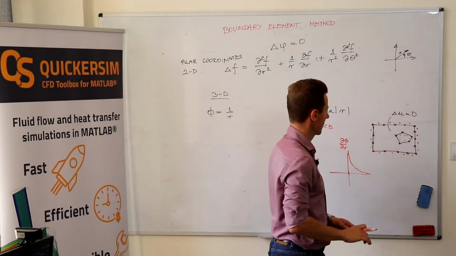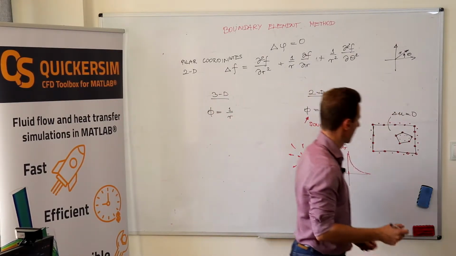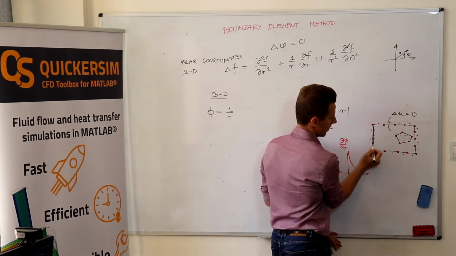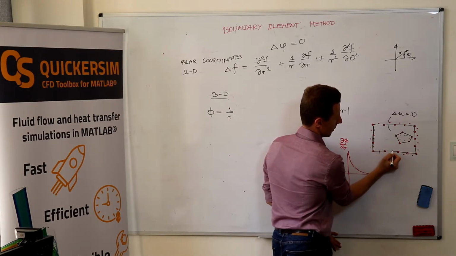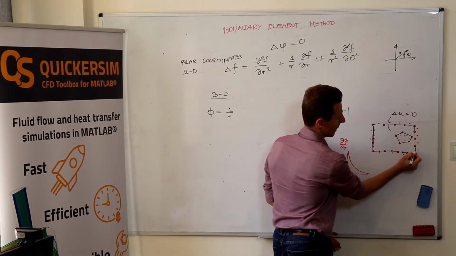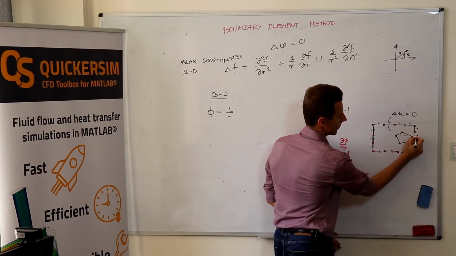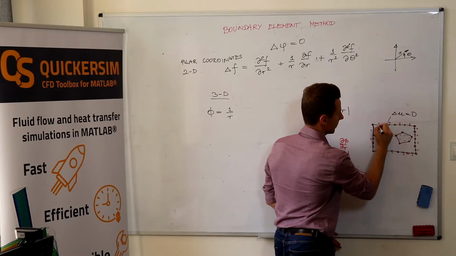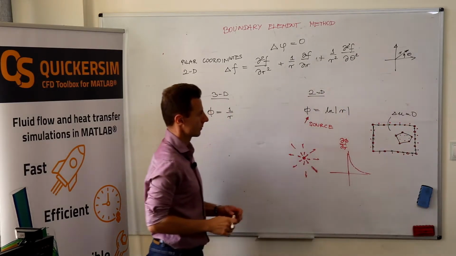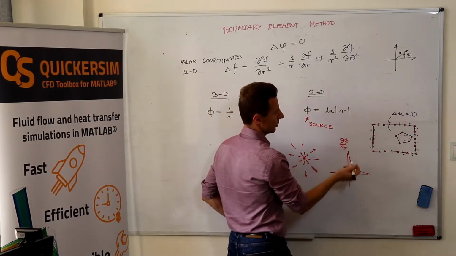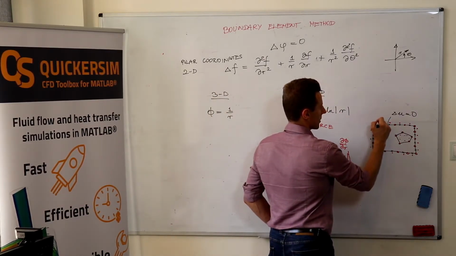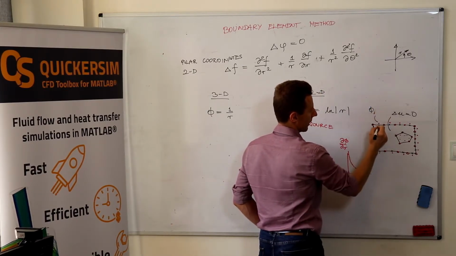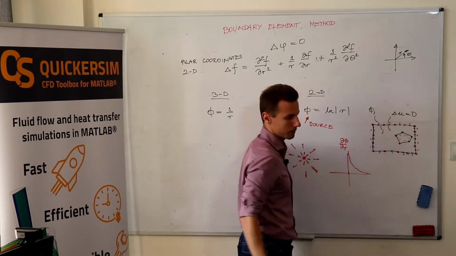Now, the next thing is that you introduce so-called control points. And one of the simplest choices would be that they lie on the boundary. Then you need to say, okay, I will have some phi j. Let's assume that this is our jth panel.